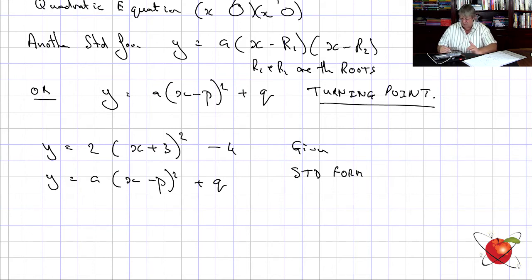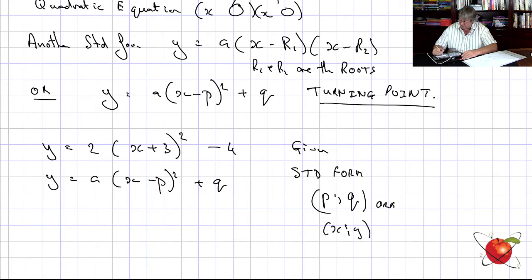Remember, p and q are the x and the y of the turning point of a parabola. But it's in the form minus there, but we've got a plus. So we have to do some manipulation.